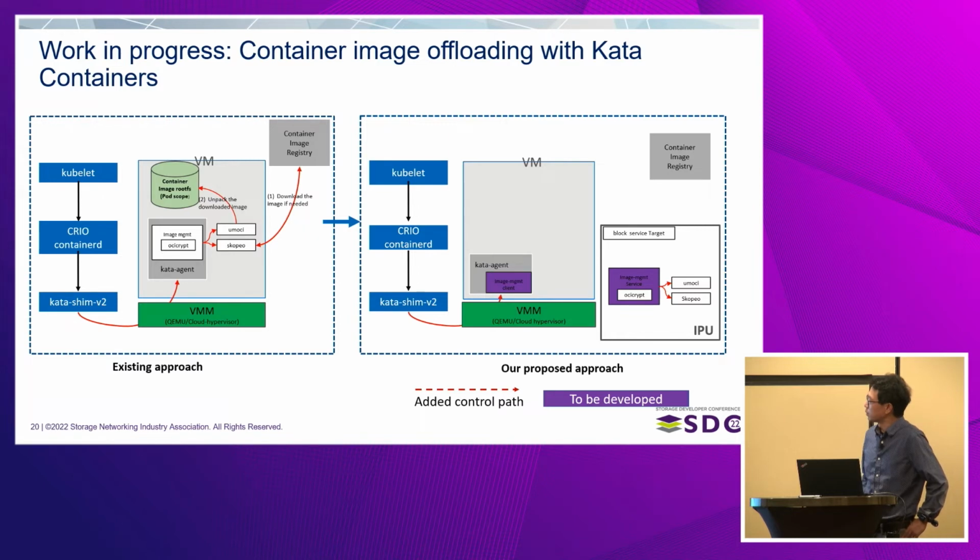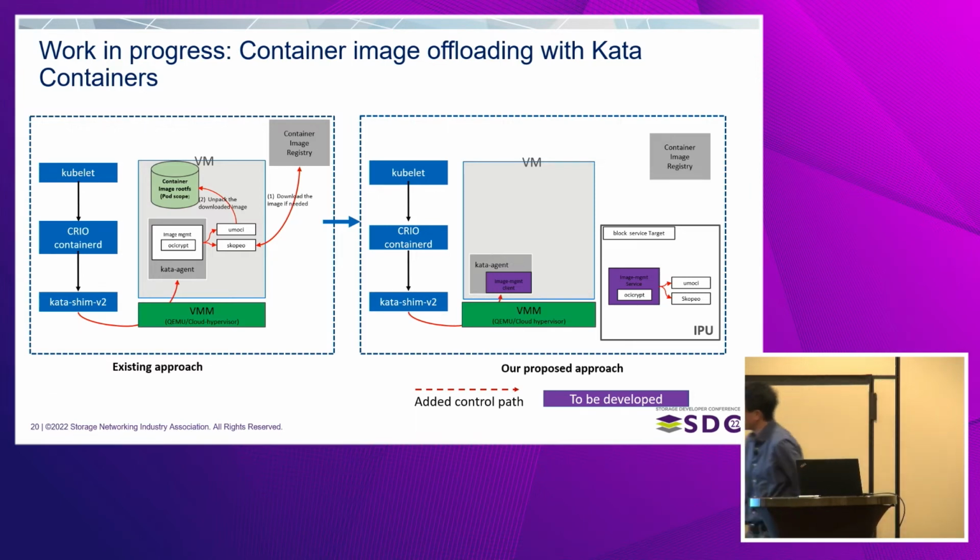Ziye Yang also has a plan to work on this new offload flow in the context of Kata Containers. Many of you probably know Kata Containers, but basically it's different from typical application containers in that it is more secure, right? So the containers are running inside a VM.